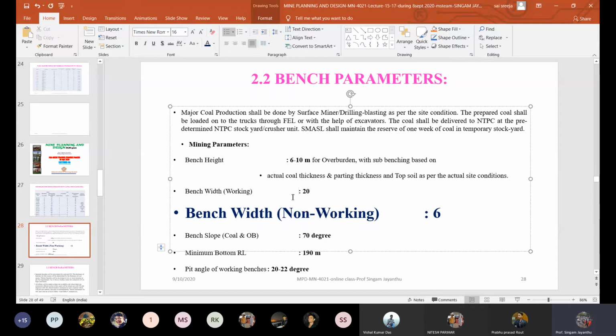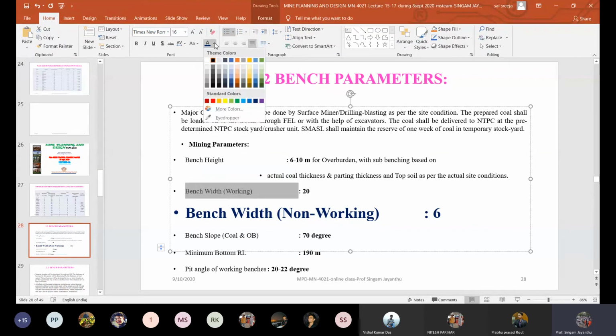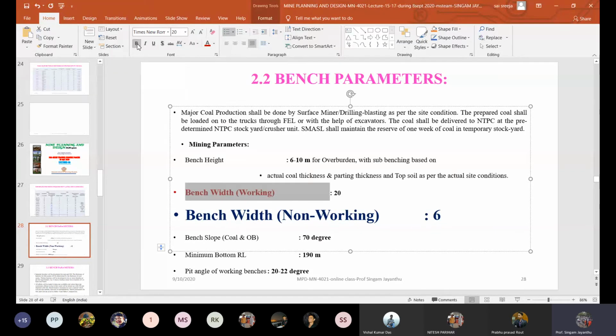We will give these parameters, like width of the working bench maybe around 20 meters, and a non-working bench will be something different, because that may form part of your ultimate pit slope. That's why it will become high wall later. That is the meaning of this. I hope you understood it. I will not explain further on this.